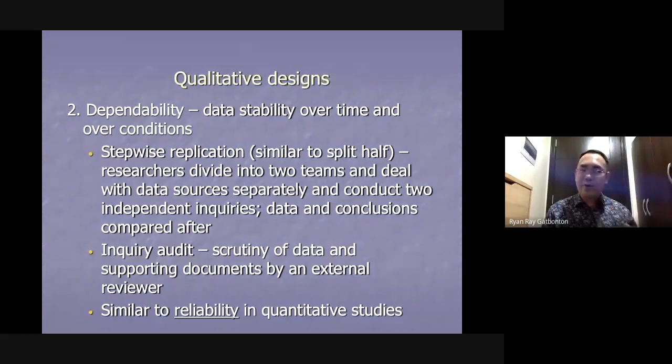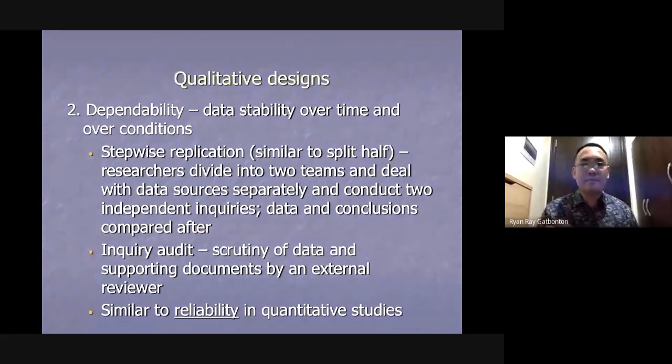Pag sinabing inquiry audit, scrutiny of the data and supporting documents by an external reviewer. So a person outside your research team or outside your paper will try to review what you have done. And if there are some deviations, i-report niya sa'yo and then try to correct it so that dependability can be achieved.